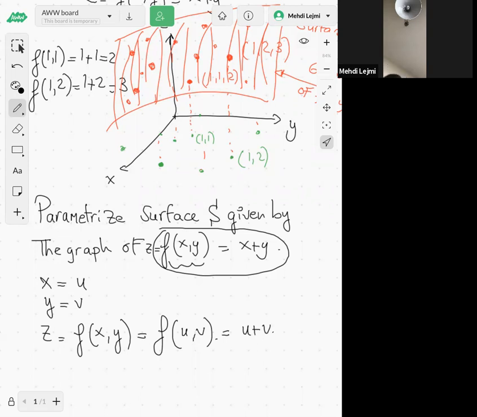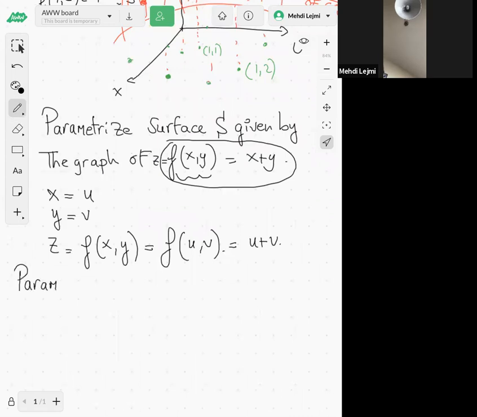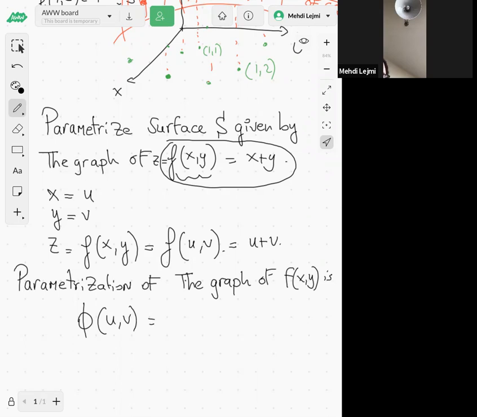So if you want to parameterize a surface given by the graph of some function f, all you have to do, guys, is this: the parameterization is given by the function phi, where phi is the parameterization of the graph of f of xy, so phi of uv. We said there's no restriction on x. x could be any number, so let's say x is u.